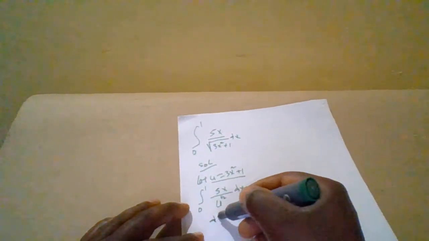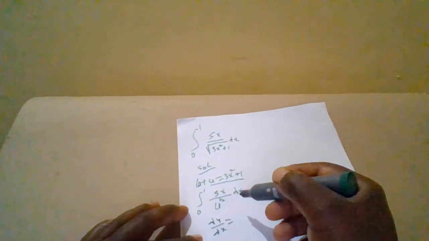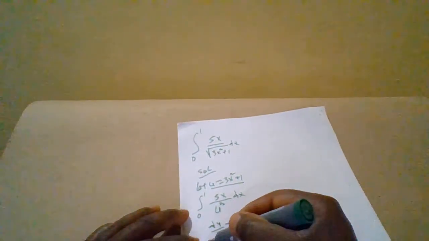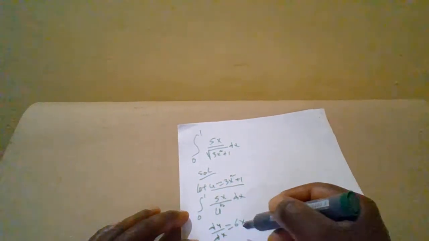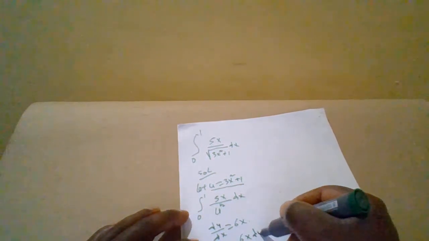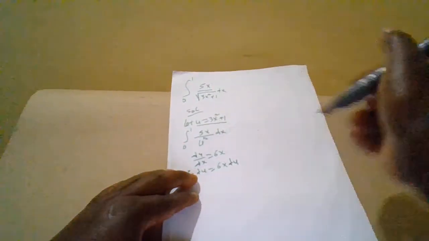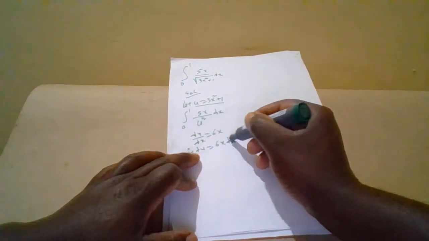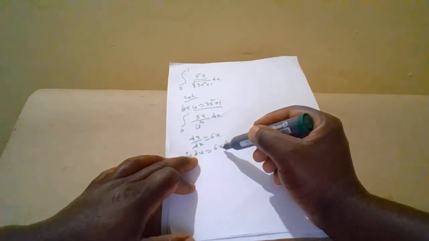Therefore, we have du/dx equal to 6x. Multiplying both sides by dx, du equals 6x dx.